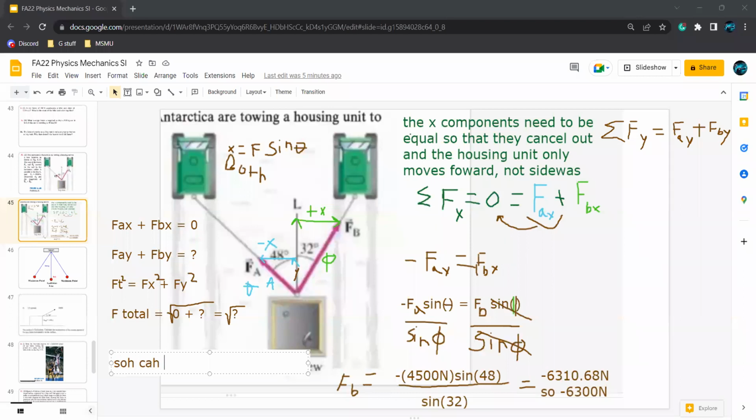We see that it's the hypotenuse and the adjacent, so we know we're using cosine, which is adjacent over hypotenuse. And that applies for both.